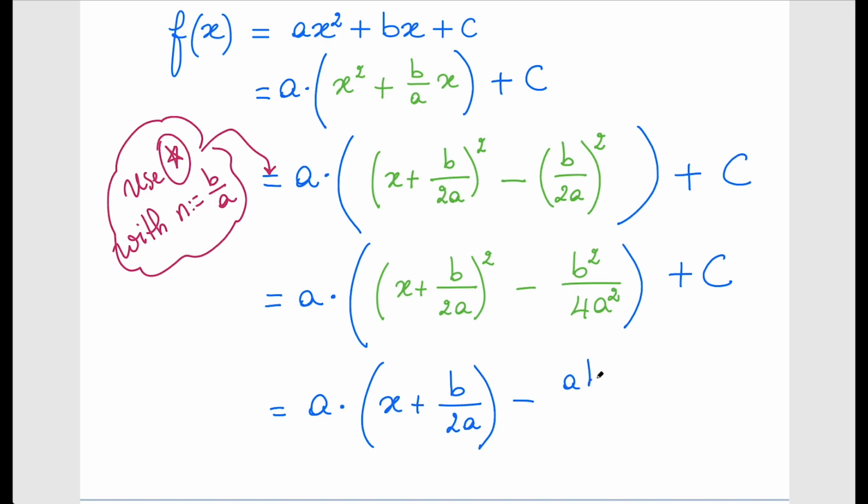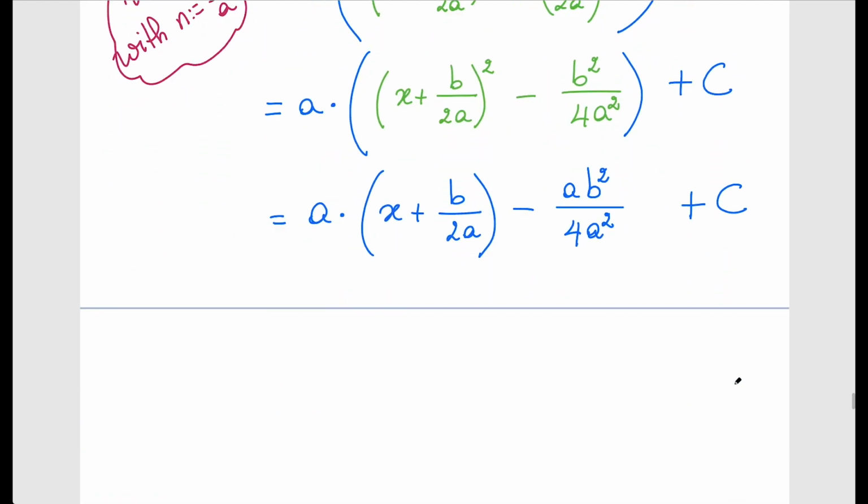So a b squared over 4a squared, correct? Plus the c outside, plus the c. Okay? I forgot the square here. Correct. So this is then equal to a times x plus b over 2a squared.